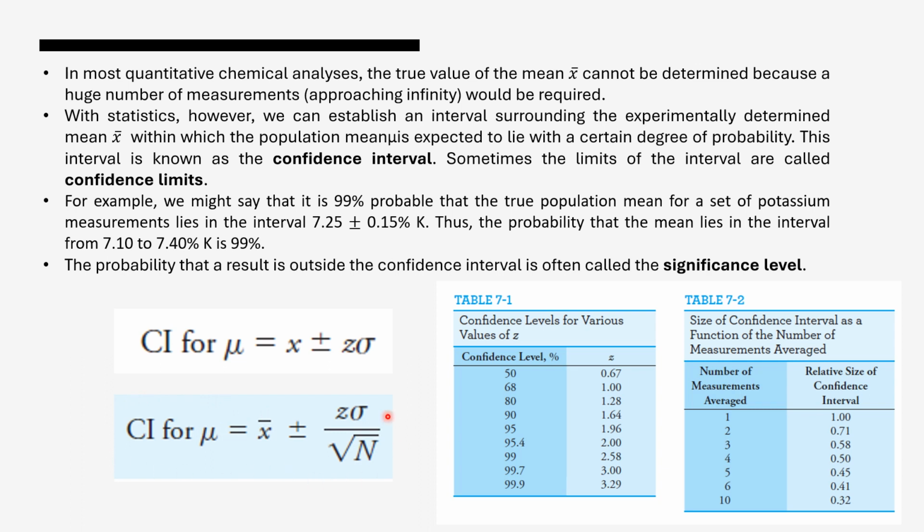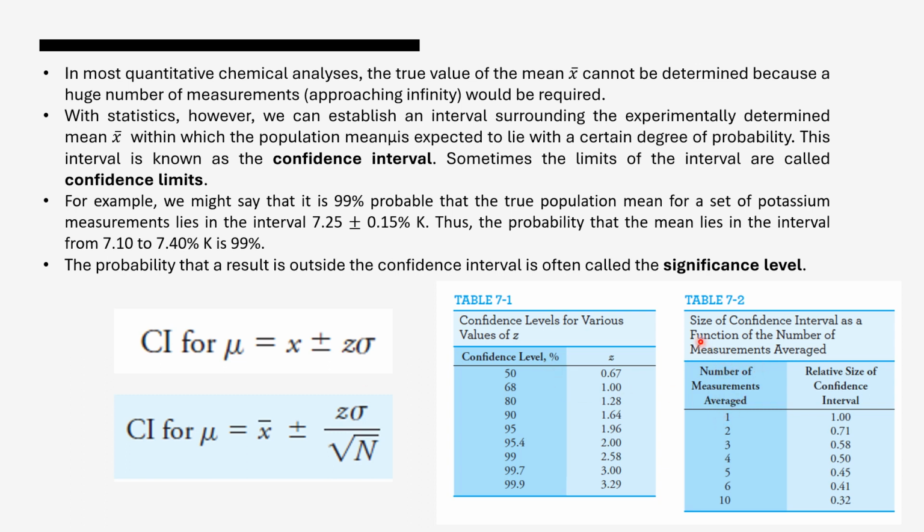But mostly we use this confidence interval for our measurements: the mean, plus or minus the Z in your confidence level specified times the population mean over N, which is the number of measurements.